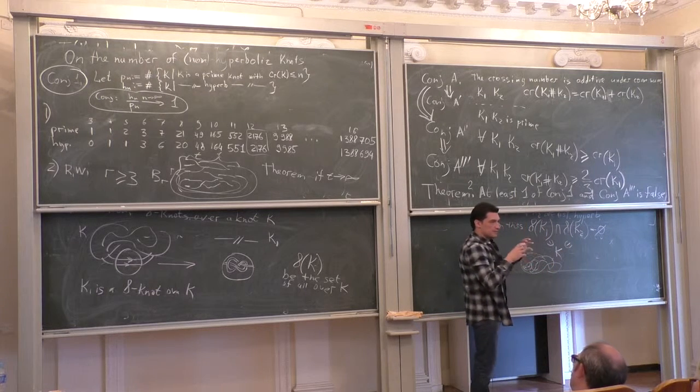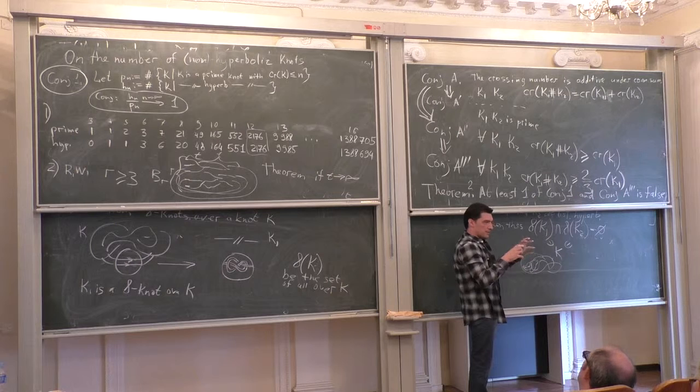So it's easy to show that such two tori should, after some isotopy, be disjoint.